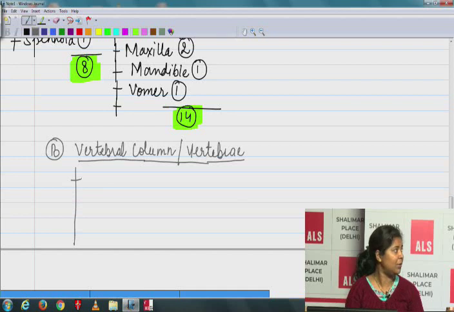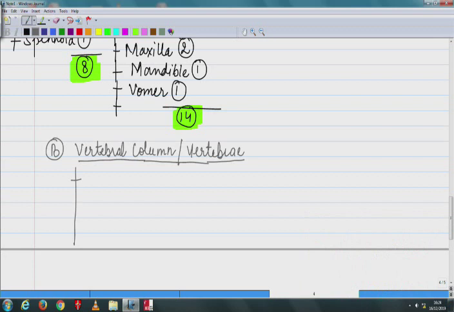So our vertebral column is comprising a few things. We will mark it out as the first thing, cervical.